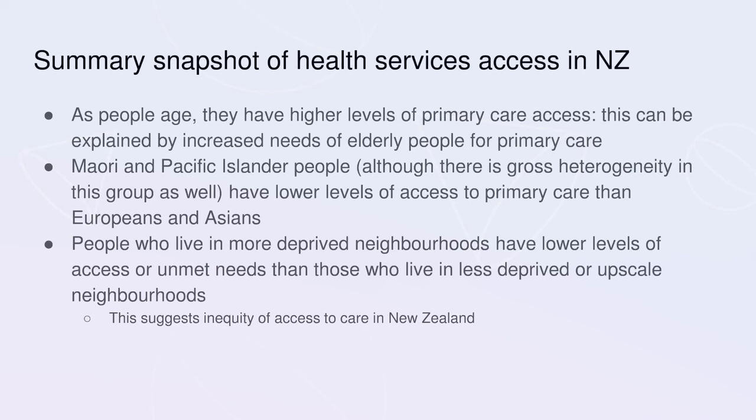They also have less likelihood of unmet healthcare needs. The Maori and Pacific Islander people have lower levels of access to primary care than Europeans and Asians. And people who live in more deprived neighborhoods have lower levels of access or more unmet needs than those who live in less deprived or upscale neighborhoods.